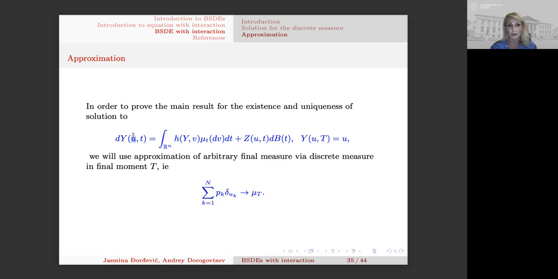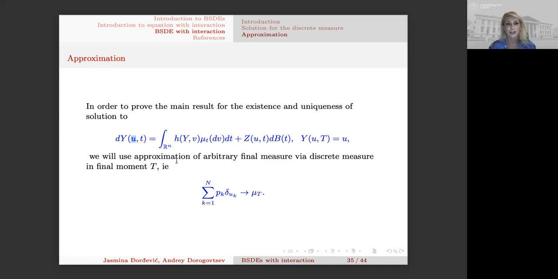We didn't prove it yet, but I suppose it should be possible. But I believe the proof will not be the same as in the forward case because of this final condition and measurability, so it has to be checked. Okay, thank you.